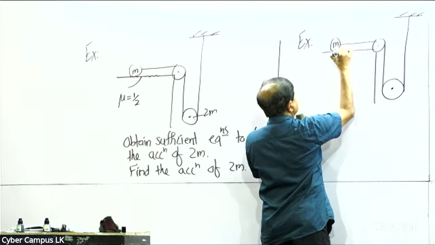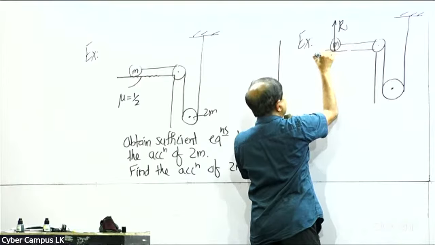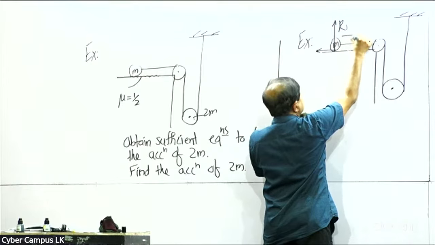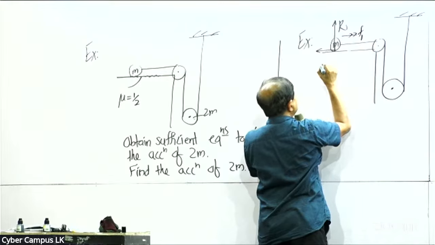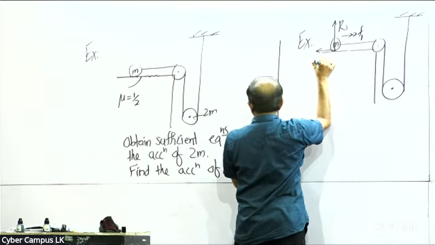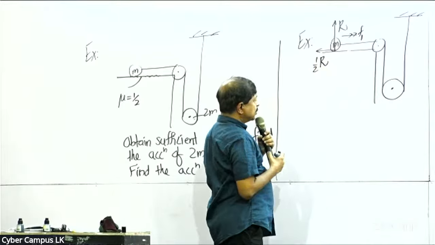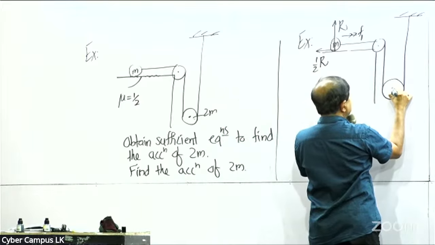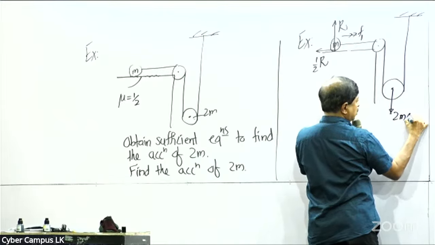Now this is R, and clearly this moves in this direction. So this is mu R. Since mu is half, it is half R. This is 2mg.